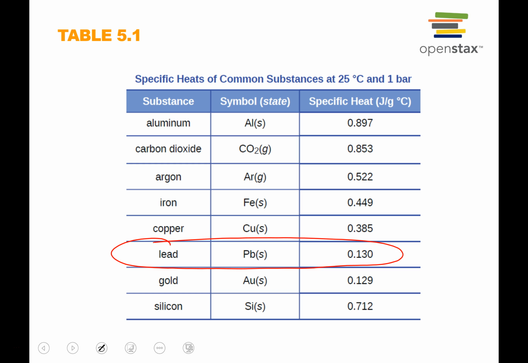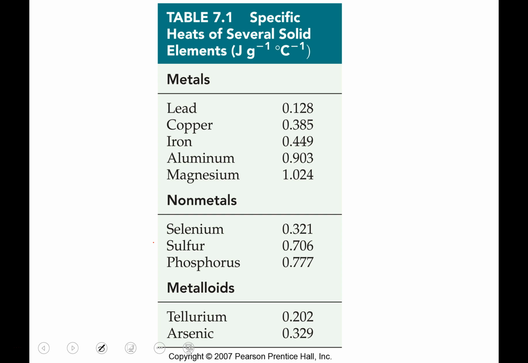And as it cools down, it doesn't really have much energy to give to anything else. Again, just looking at an assortment of specific heats. Units are always going to be energy per gram per either degrees Celsius or Kelvin. And the numeric value of degrees Celsius or Kelvin would be the same.